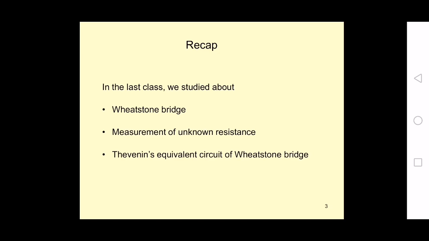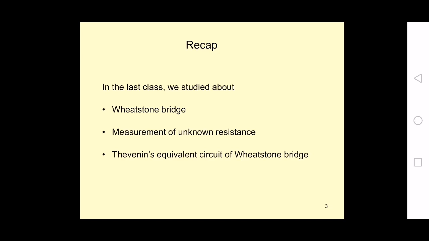The basic DC bridge used to measure unknown resistance is the Wheatstone bridge. We have discussed the Wheatstone bridge diagram, how we connect the source of EMF and the current indicator, that is the galvanometer, and that under bridge balance conditions the galvanometer current will be 0.